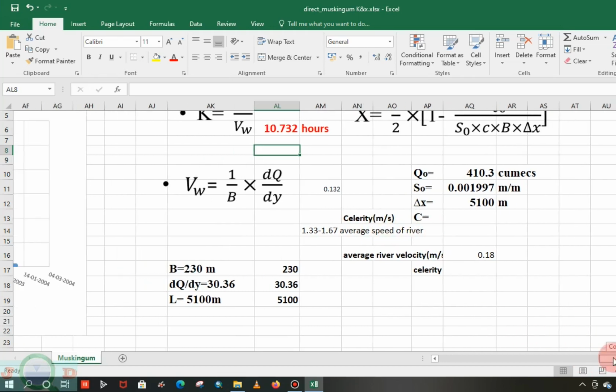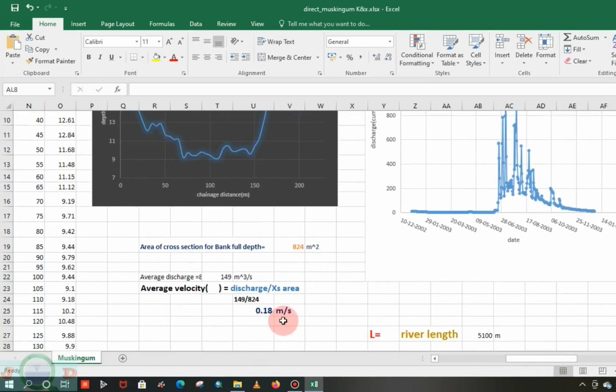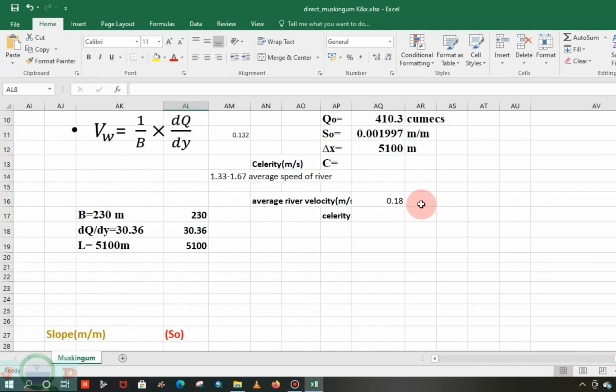We have already found the average velocity of the river, which is 0.18. For celerity I will take 1.67 times the average velocity. So the celerity becomes 0.3 meter per second, the celerity of the flood wave.